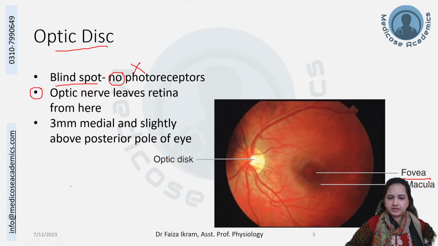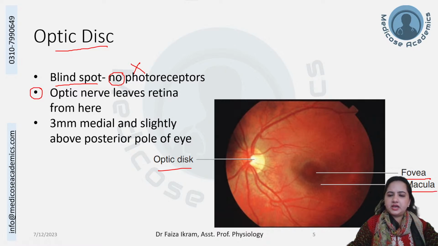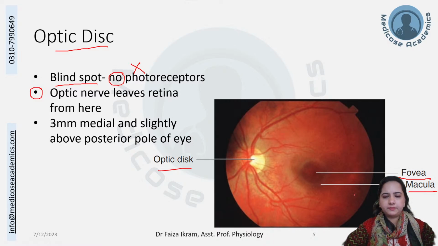You can see in this image shown over here, this is the optic disc and this is fovea centralis. Macula lutea is also linked with the fovea centralis, and the maximum visual acuity is in the portion of fovea centralis, which is also a component of macula lutea.